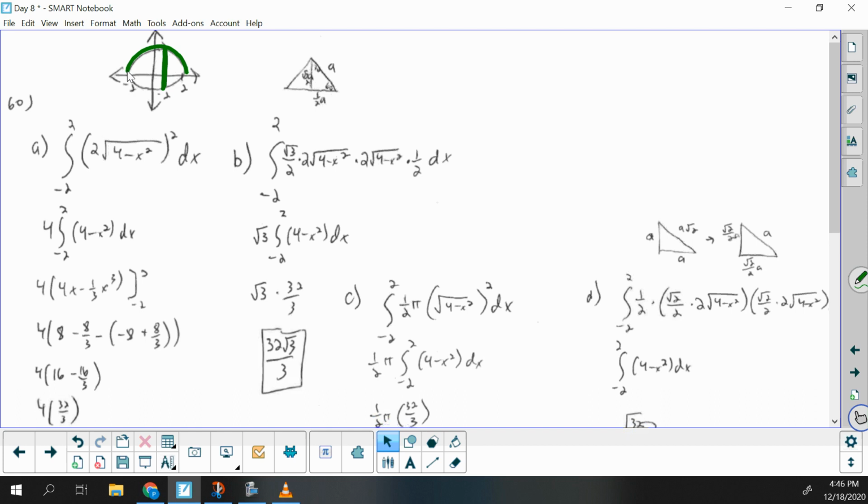When you have an equilateral triangle, if this is A, then this is 1/2 A. That's across from the 30. Here's the 60. So across from 60 should be square root of 3 times what's across from 30. So you have square root of 3 over 2A.